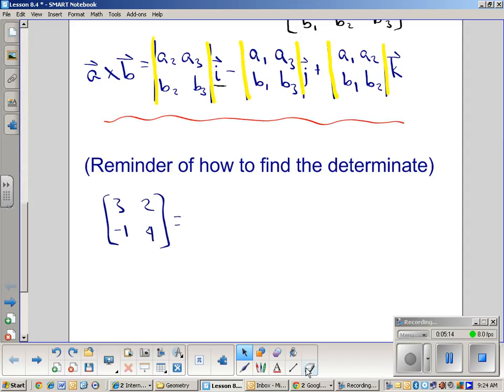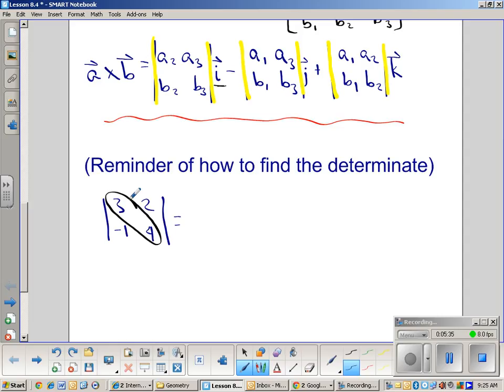To find the determinant, we use this symbol. That's why I had find the cross product there, which means something a little different than the cross product we're studying.